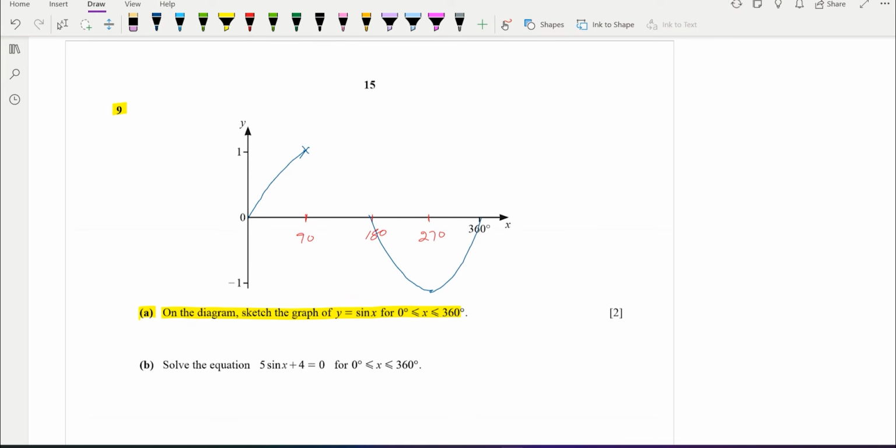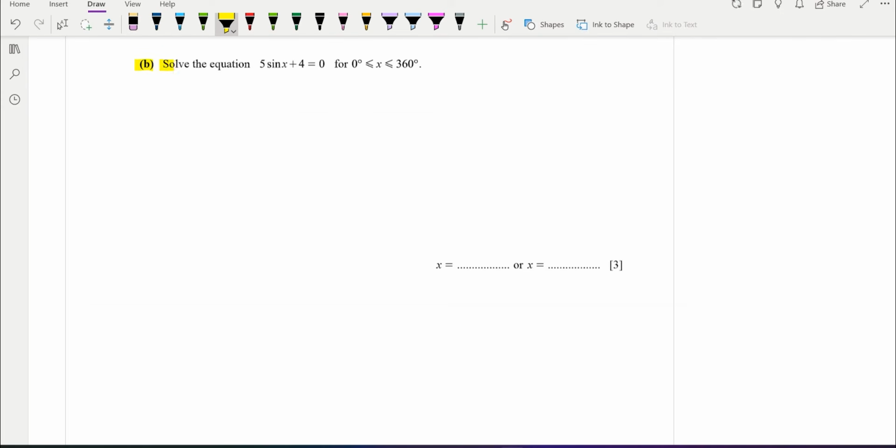If we draw a smoother curve, we can draw like this one, and further smoother, the height should be the same, so it will be roughly like this. So that is the A part.